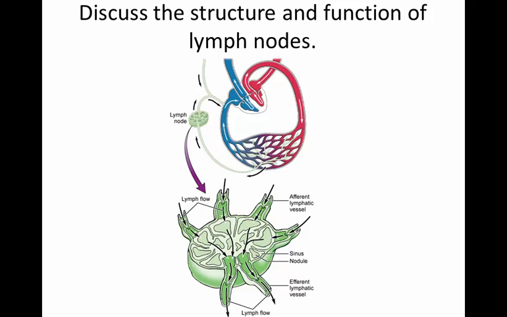But those cells of the immune system, as the lymph flows through, will remove any debris or bacteria or viruses or any other pathogens from the lymph fluid that has been picked up from the interstitial spaces of the tissues. So the lymph will move along the vessels, enter into the lymph node, and as it flows through, the immune system cells will remove those items, and then the cleaned out lymph will leave the lymph node via the efferent lymphatic vessels.